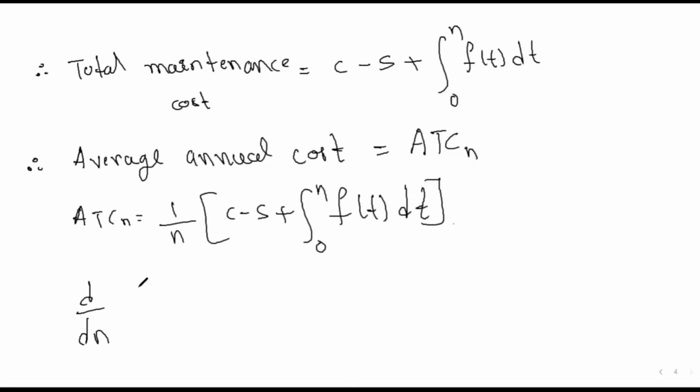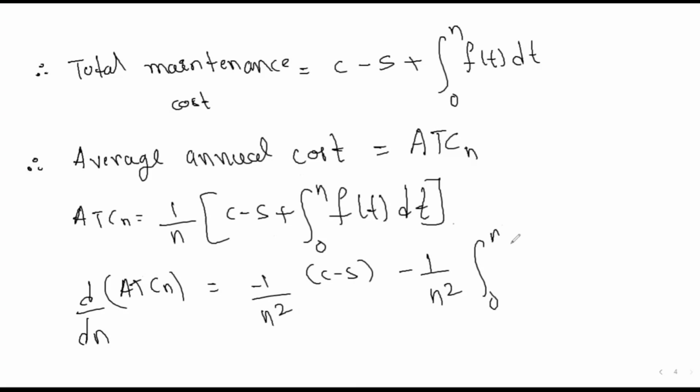So we have to differentiate which function? This one, that is the annual cost function. After differentiating, it is minus 1 by n square into C minus S, minus 1 by n square integration 0 to n f of t dt, plus 1 by n f of n, right?